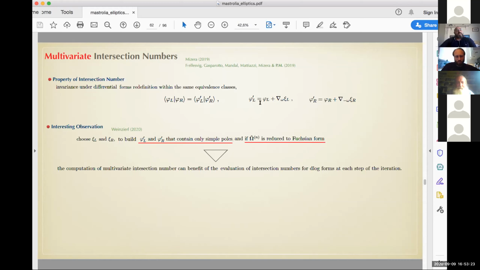And this property, or better, the exploitation of the cohomology equivalence class, together with properties of reduced Fuchsian form, was put together by Stefan with an interesting observation in order to simplify the evaluation of the intersection numbers.